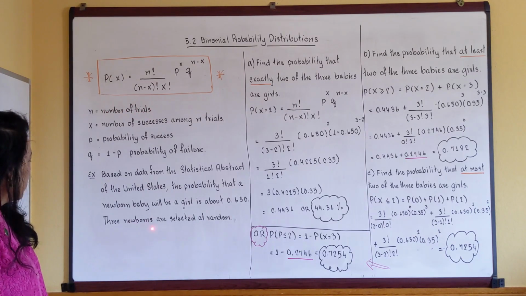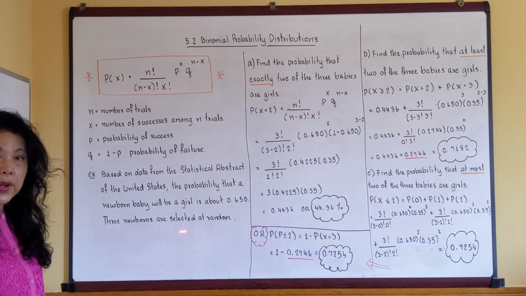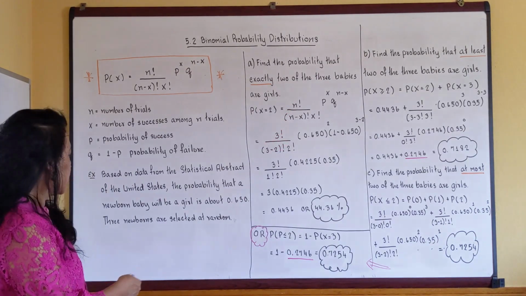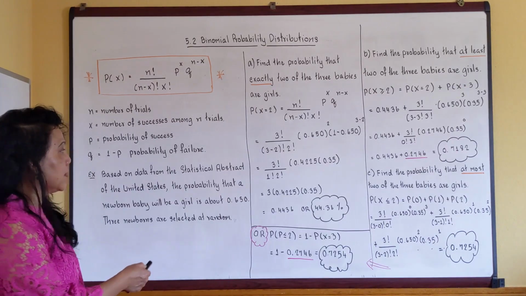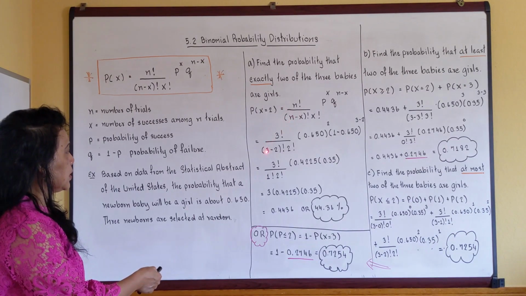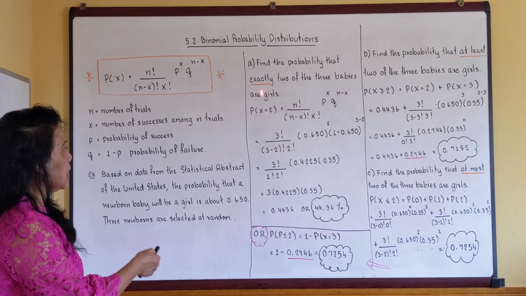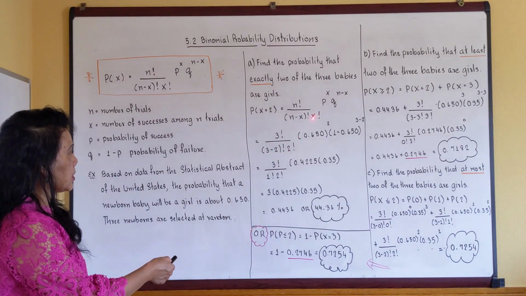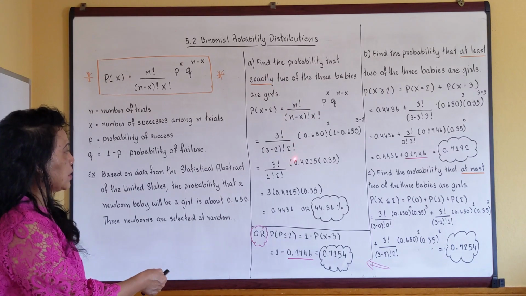So we have 3 newborn babies that you randomly selected, so n here will be 3. If you selected 5, it will be 5 factorial, all right? So n, which is 3, minus 2, exactly 2. So I pick 2 factorial times x. x here is 2 factorial.